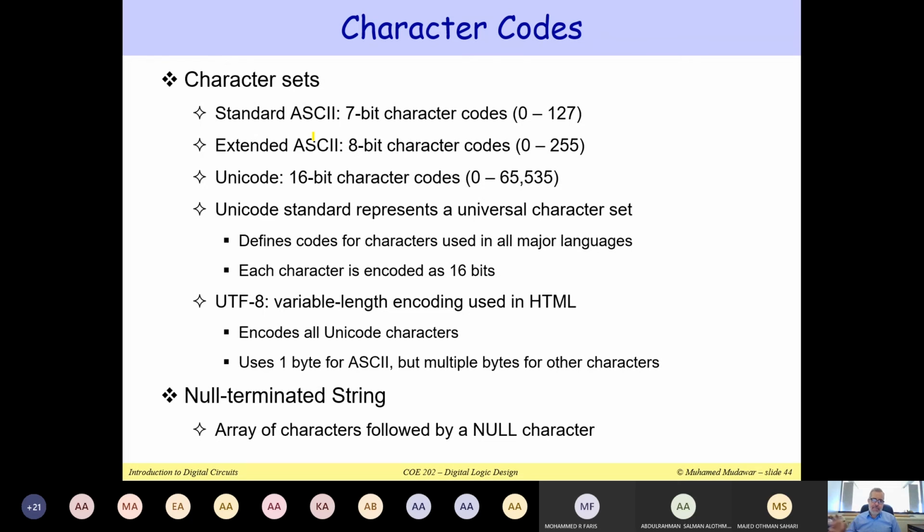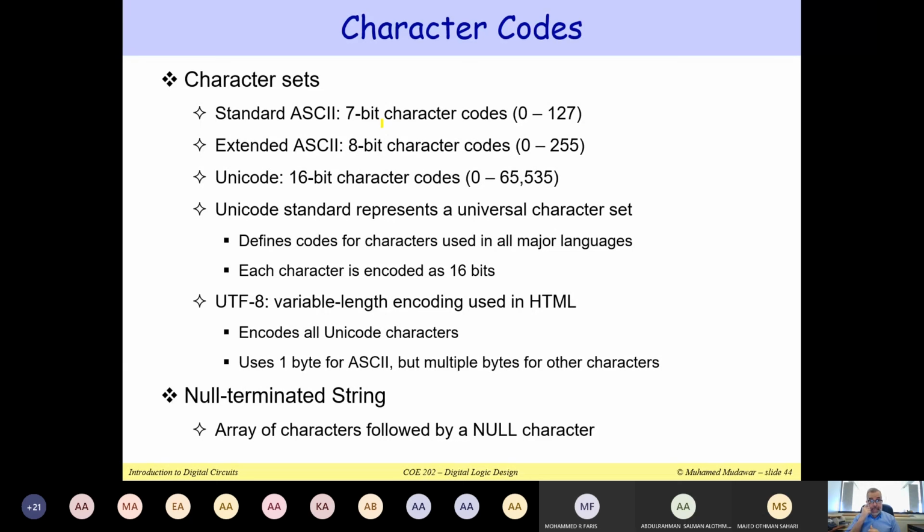So they assign 7 bits to each character. The original ASCII standard used 7-bit character codes, numbered from 0 to 127, because with 7 bits you can have 128 possible values in binary.